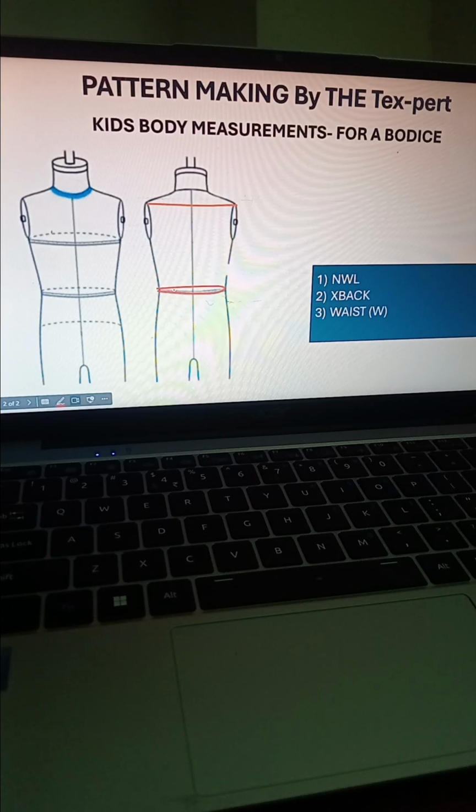We are simplifying measuring, drafting, and even sewing. But in this case, we are focusing mostly on pattern making, which we can call pattern drafting. These 3 measurements are enough to draft a perfect bodice for a kid.